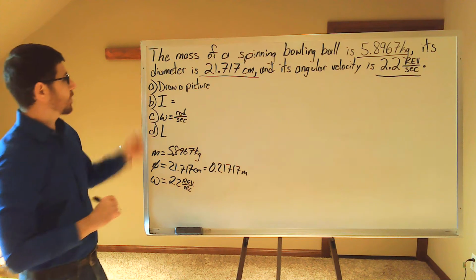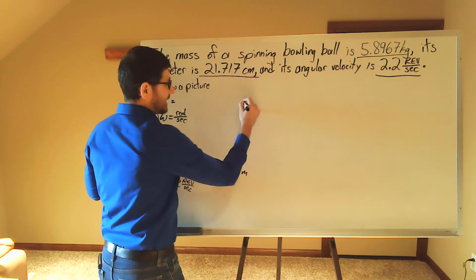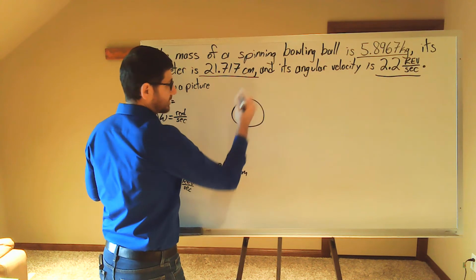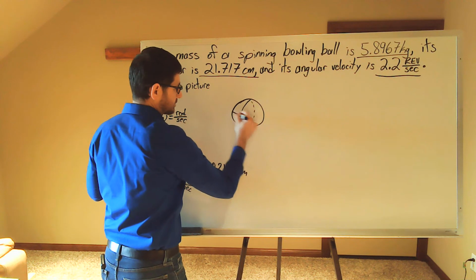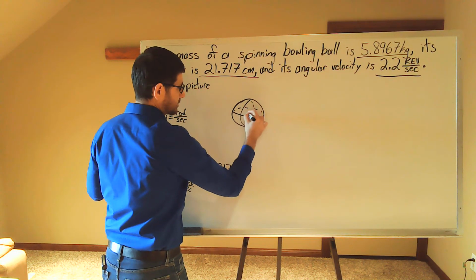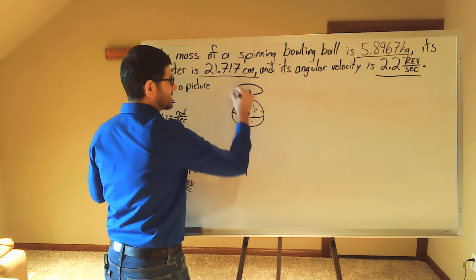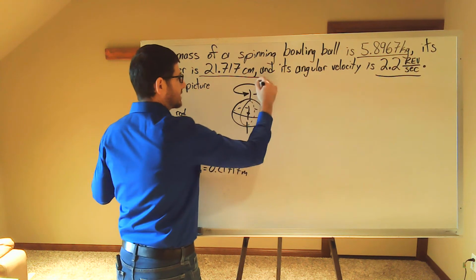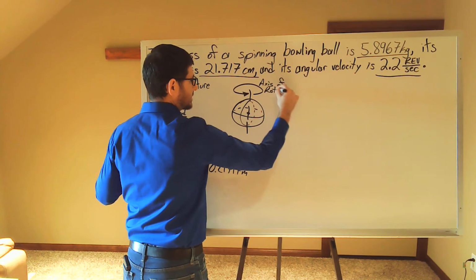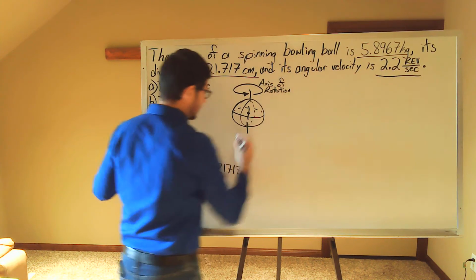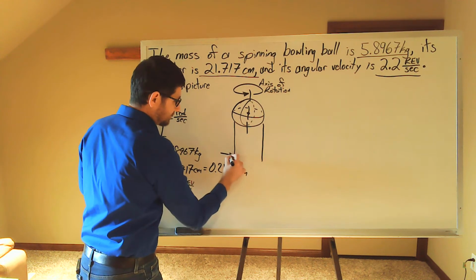In part A, it wants us to draw a picture. So let's draw a sphere for our bowling ball. And we have our axis of rotation, so let's label that axis of rotation. And we can dimension this.